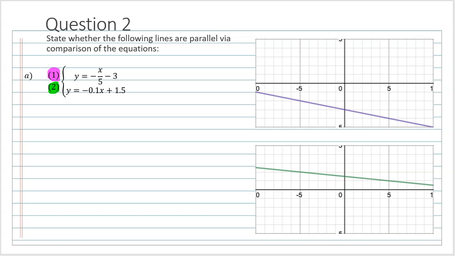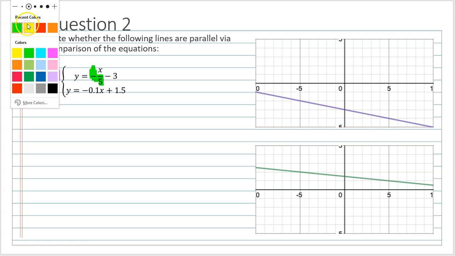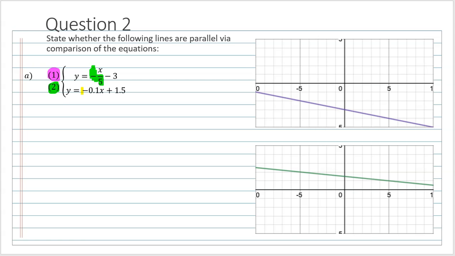State whether the following lines are parallel via the comparison of equations. Again, we will highlight our gradients: m1 is negative 1 over 5, and m2 is negative 0.1.